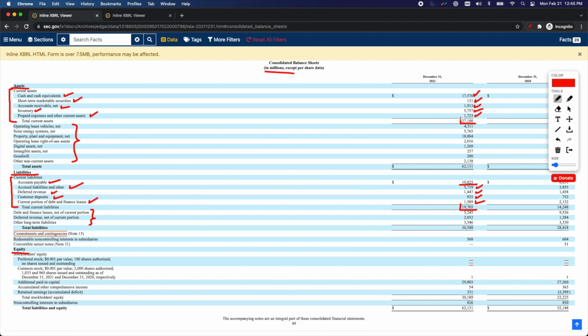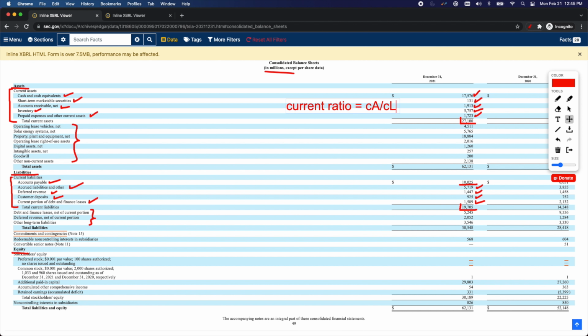Now, one quick financial health check that you can calculate is called the current ratio. Current ratio simply equals the current assets divided by the current liabilities.